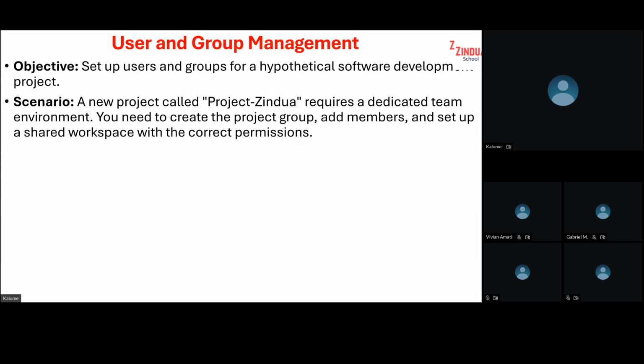That means the shared workspace is a directory. In that directory, the files that will be pushed there, the members of that group should have the correct permissions to work with these files and anything within that directory, because that's their project.